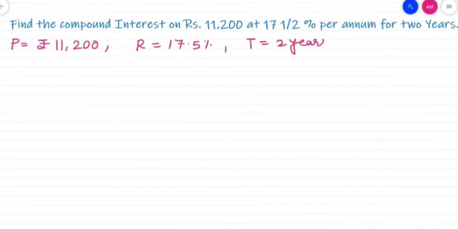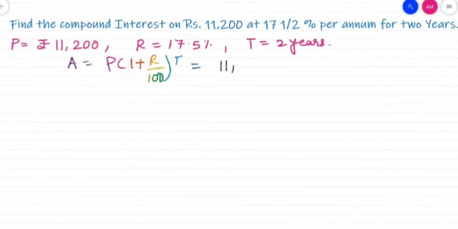Now let us proceed with the formula we have already derived: A is equal to P into (1 plus R by 100) to the power T. Now let us substitute the values. For P, it is 11,200, and (1 plus 17.5 by 100) to the power 2.